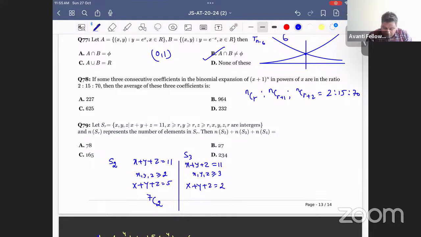Answer will be 4C2. Now S4 is x plus y plus z equals 11 and x, y, z all more than or equal to 4. This case is not possible. Got it? So 7C2 is 21, and this is 6. So 27 will be the correct answer. Correct?